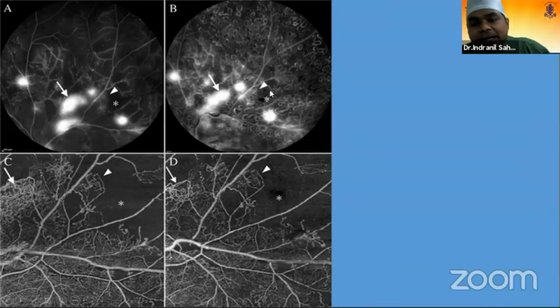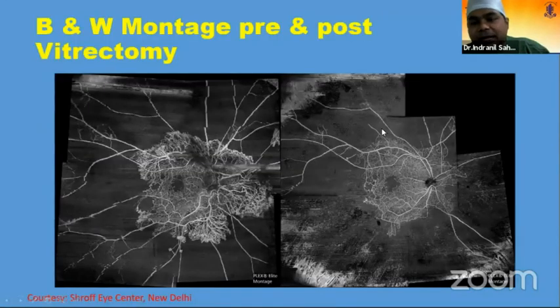But the FA does not show the areas of non-perfusion, which are still picked up quite well on the OCT angiogram. This is an image of a patient pre-vitrectomy and post-vitrectomy, where you can see the advanced proliferation along the posterior pole, which has obviously regressed post vitrectomy.